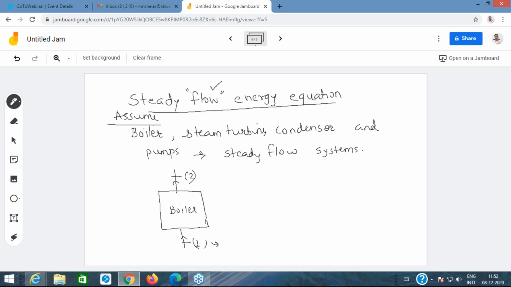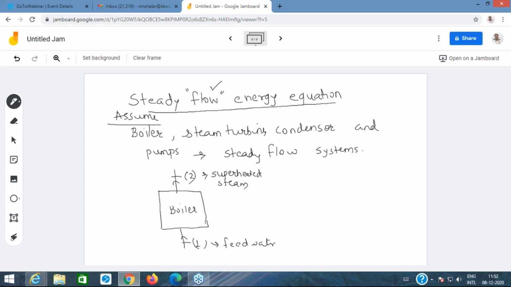So 1 is the feed water and 2 is the superheated steam. Do you agree with this? All of you agree with me that entering the boiler it is the feed water, and coming out is superheated steam.